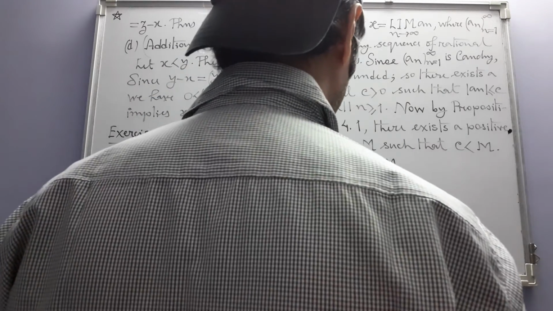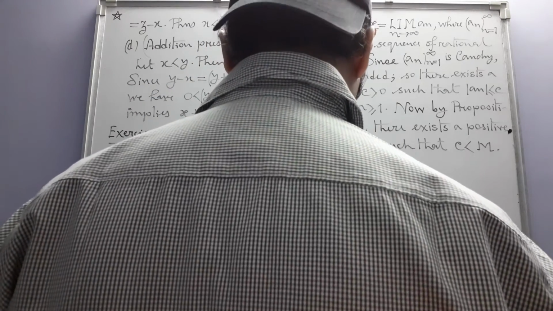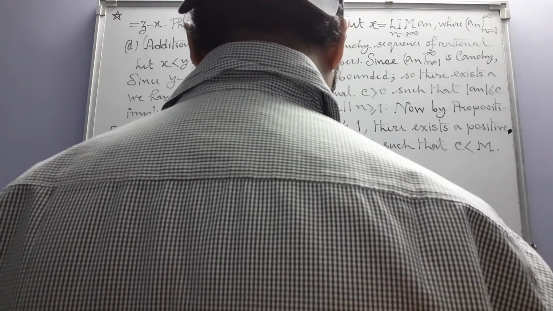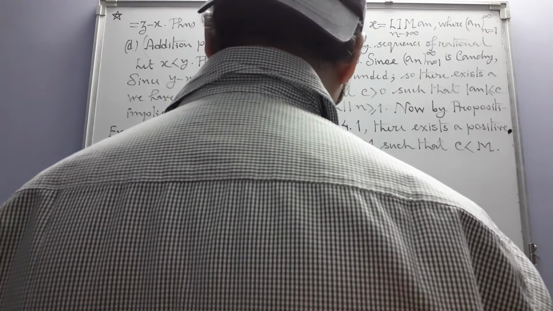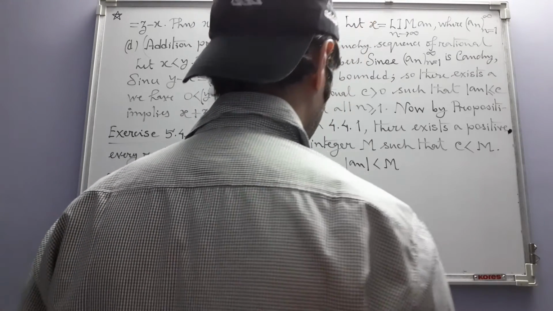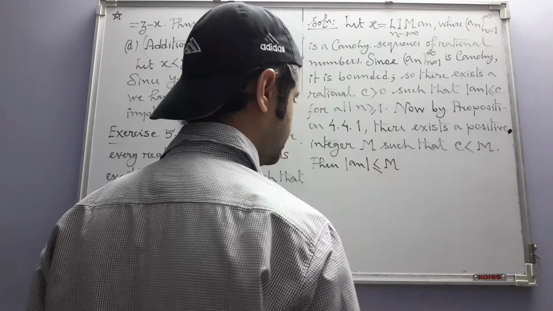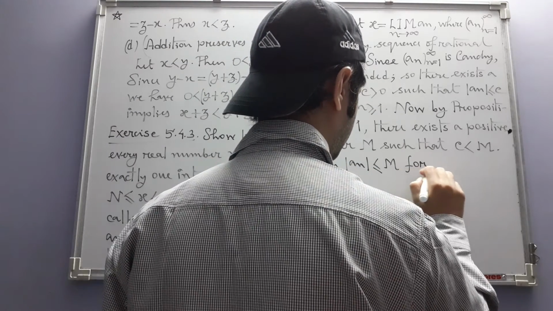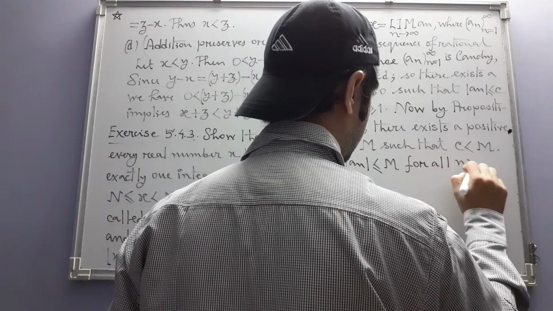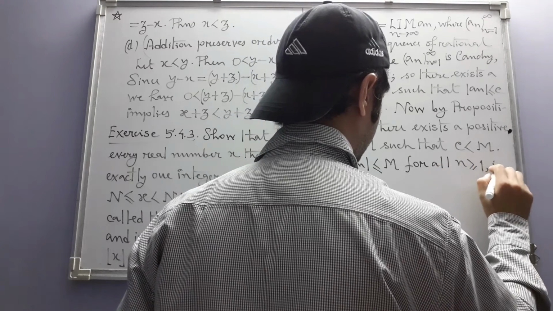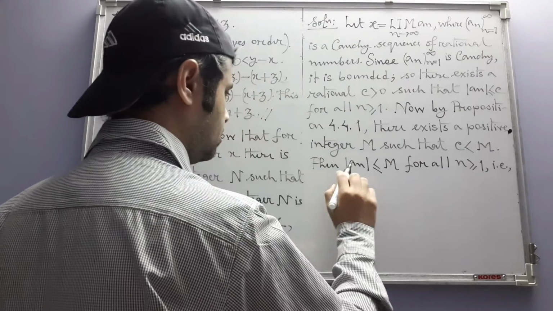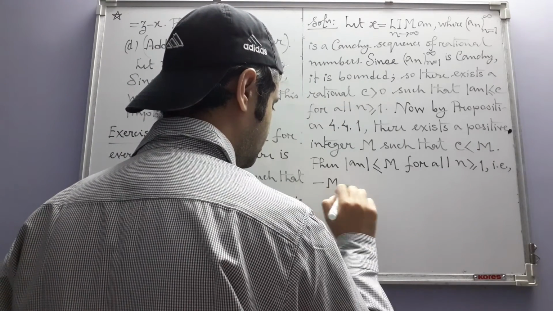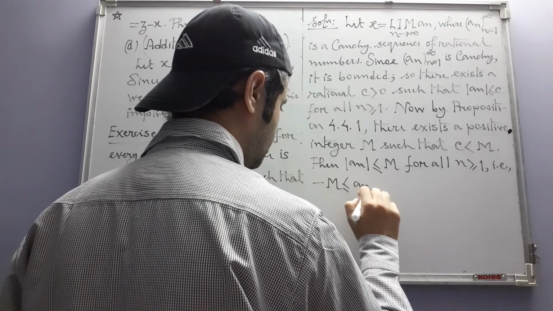In fact, let's be more general and write less than or equal to m, for all n greater than or equal to 1. If we write this inequality slightly differently, then we will have this.